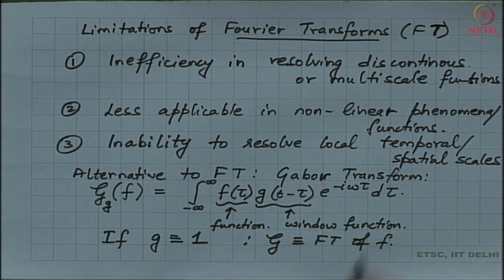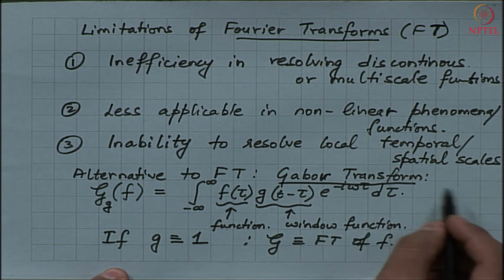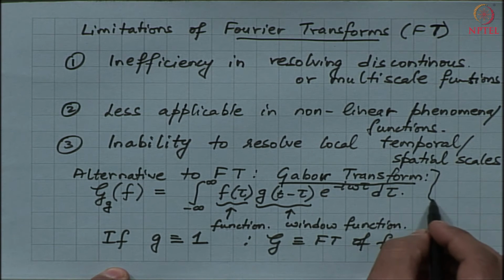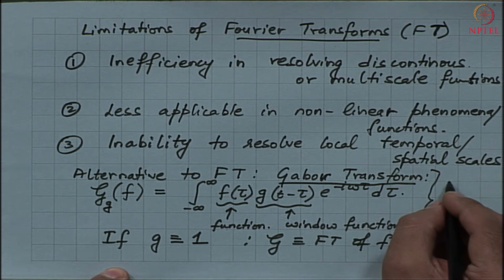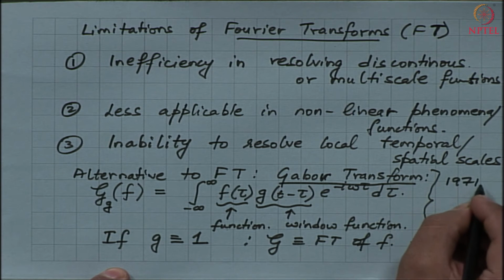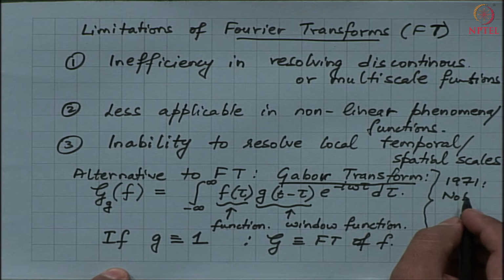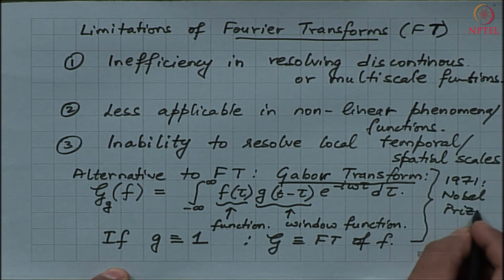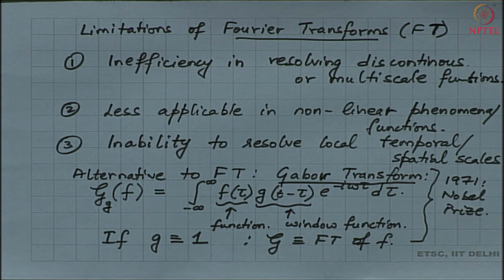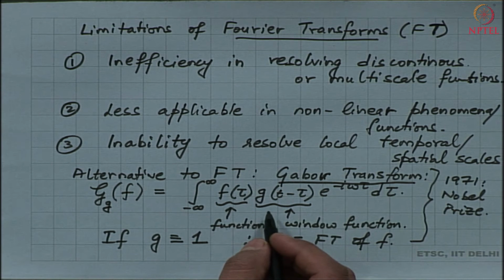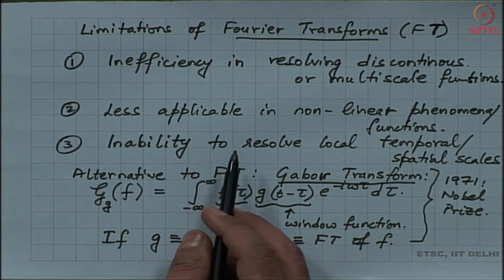By the way, this Gabor transform was introduced by a famous mathematician in 1971 in his Nobel Prize winning work. Of course, his name is Denis Gabor, and this was one of the resolutions that was brought about to mitigate the limitations of Fourier transforms.